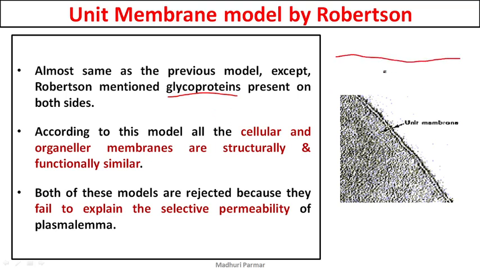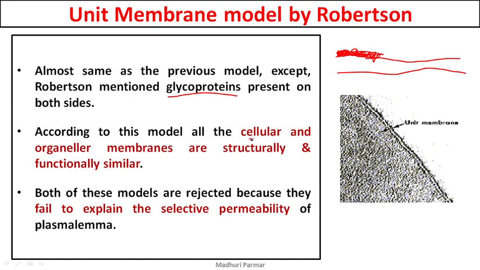Okay, so if this is the phospholipid layer, then on top of them, directly, as a thick even layer, you have proteins present. They are not globular, they are present as an even layer. So that is what difference he made to the original model. According to this model, he also said something else.